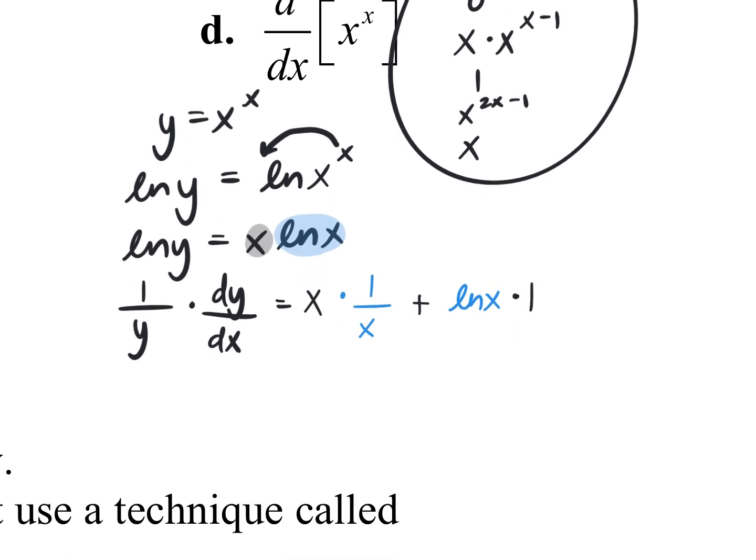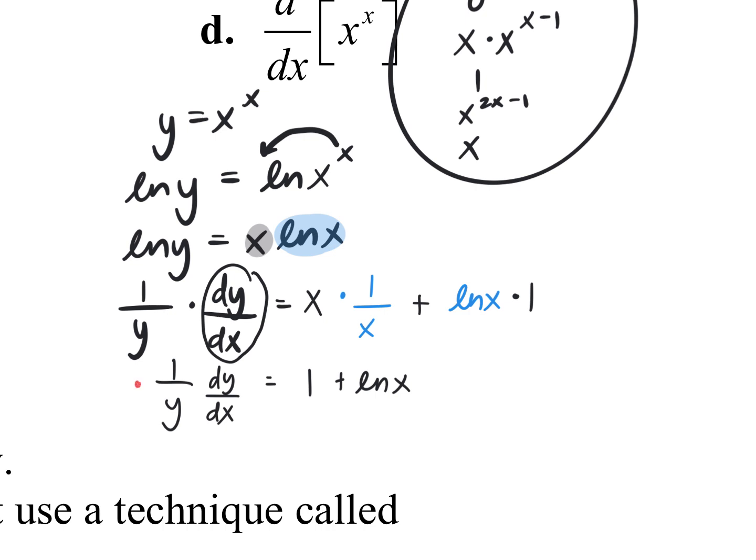Okay. Again, we're trying to find the derivative with respect to x. So I'm solving for this thing right there. Okay. So let's simplify this here. X divided by x on the right-hand side, that gives me 1. Plus the natural log of x. On the left-hand side, I still have the 1 divided by y times dy dx. Now, how do I get the dy dx piece by itself?